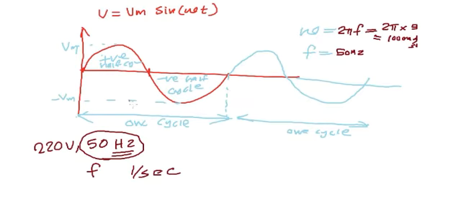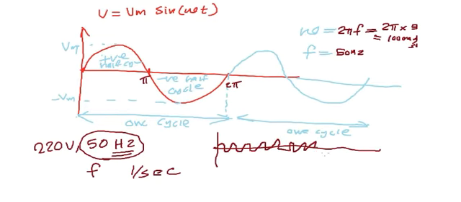That means in 1 second, the sine wave crosses 100 pi.